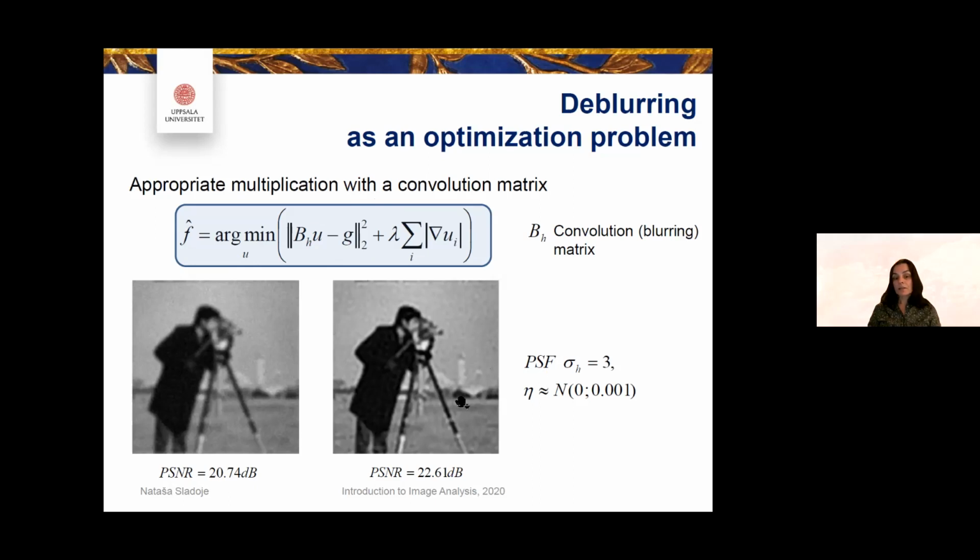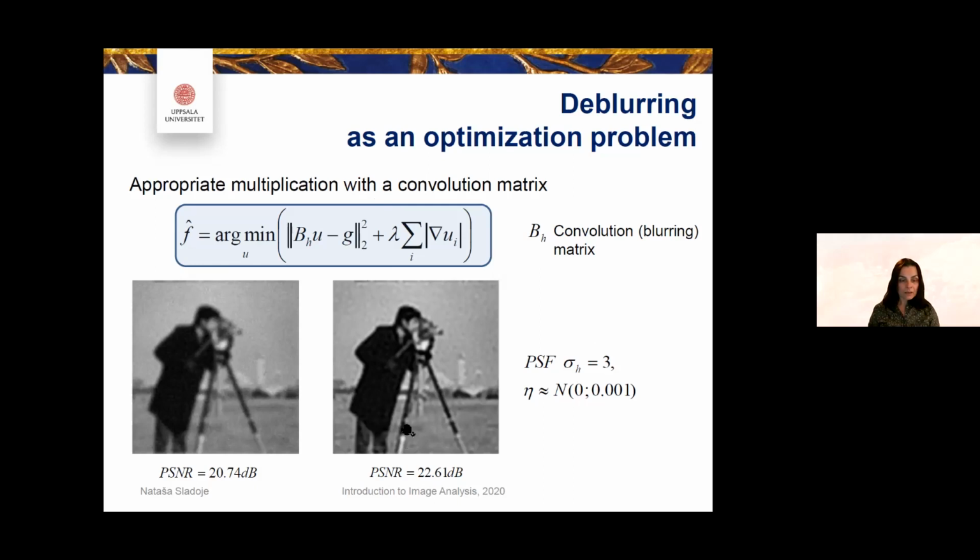And in this concrete case, using the information that our degradation is a point spread function with Gaussian with sigma equals to 3, we can recover this image, which now has peak signal to noise ratio of 22, so increased compared to the previous one.